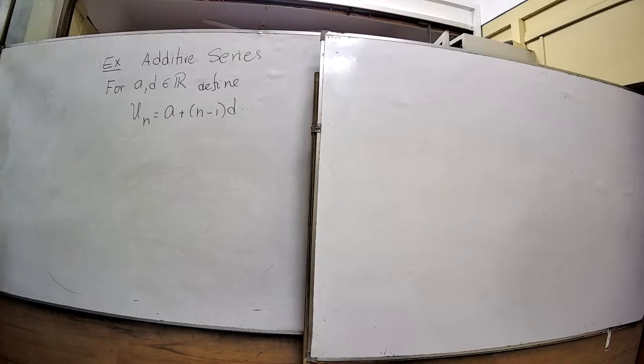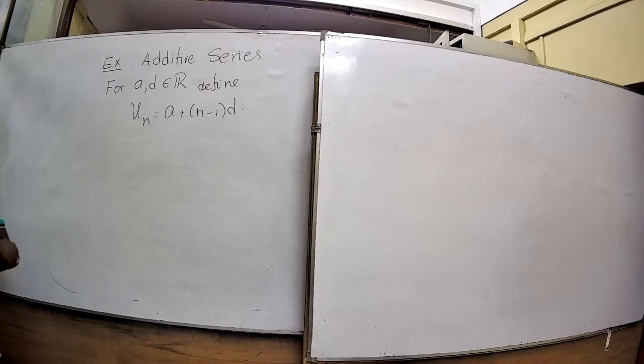So you know this kind of term, right? If you say a is 1 and d is 1, then it is 1, 1 plus 1, 1 plus 1 plus 1, right? So it's basically 1, 2, 3, 4, 5, 6, or you can put a as any number and d as any number, so that's called additive series.